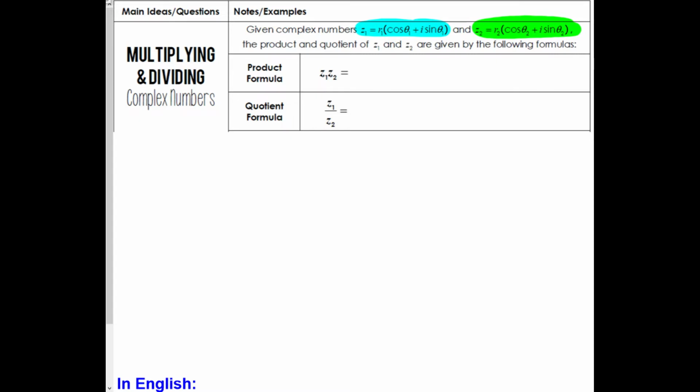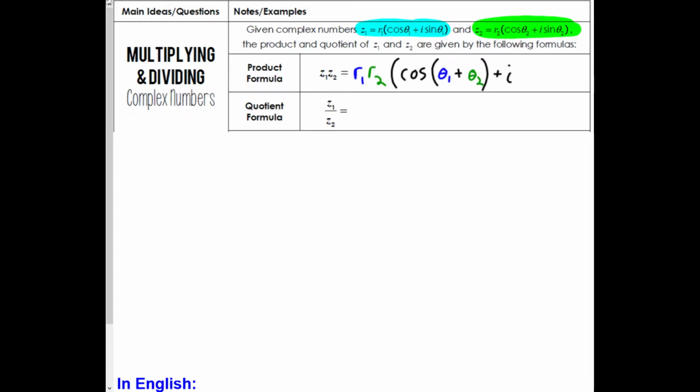What we need to do is multiply the two moduli together, so R1 times R2. And then on the inside, the arguments get added. So we wind up with cosine of theta 1 plus theta 2. The same thing will happen inside of sine.